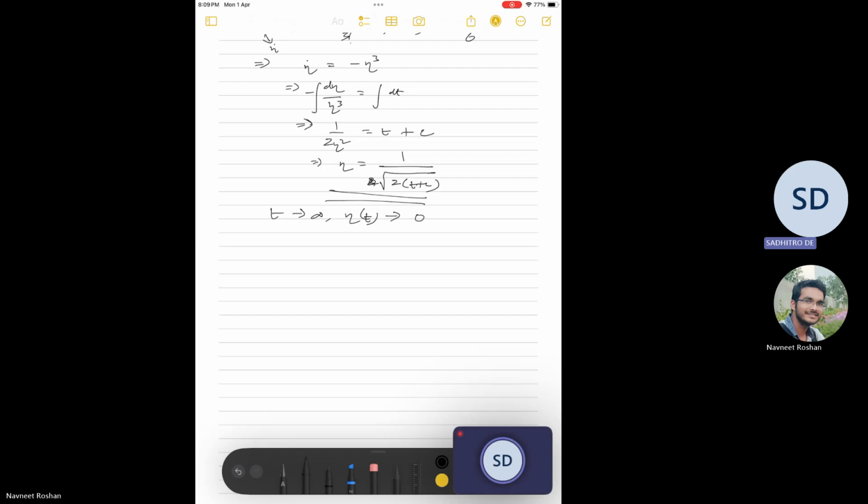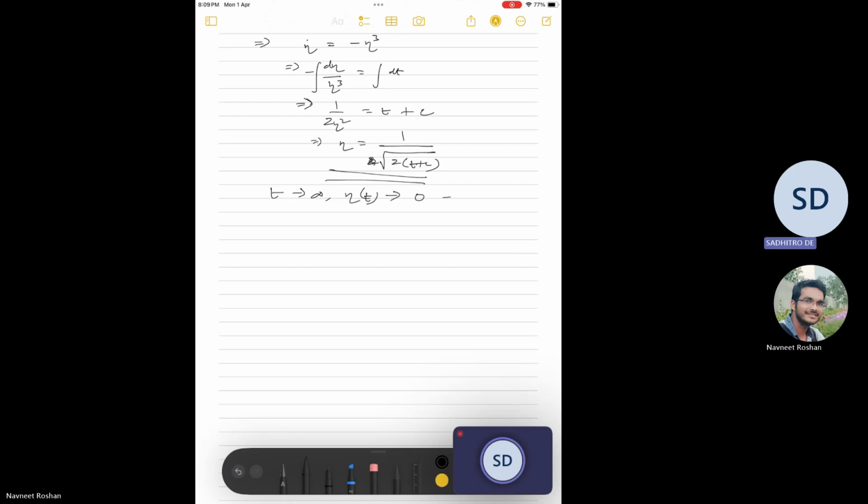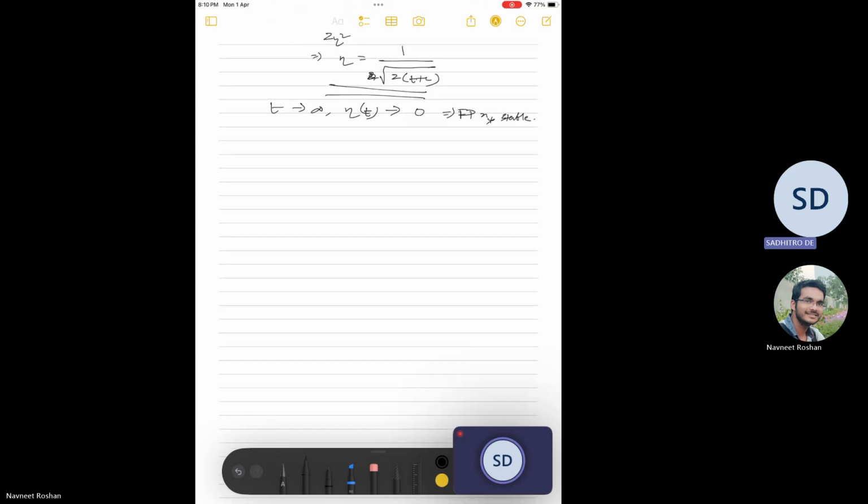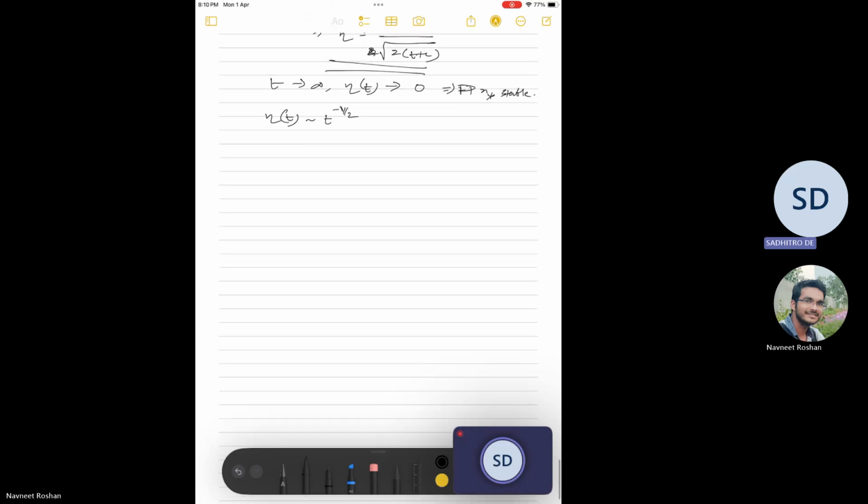That means the perturbation will decay as a function of time. So this tells me that the fixed point x star is a stable fixed point, right? Because the perturbation is decaying as a function of time. And how is it decaying? At very late times, when t goes to infinity, eta of t scales as t to the power of minus half. So you see, this is an algebraic decay.